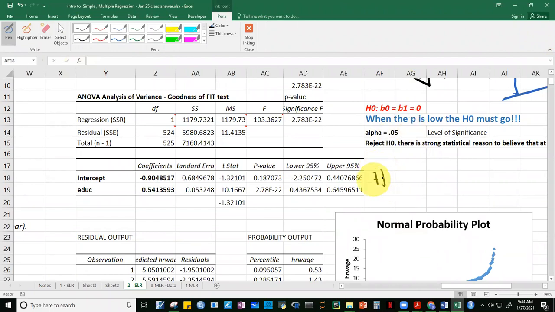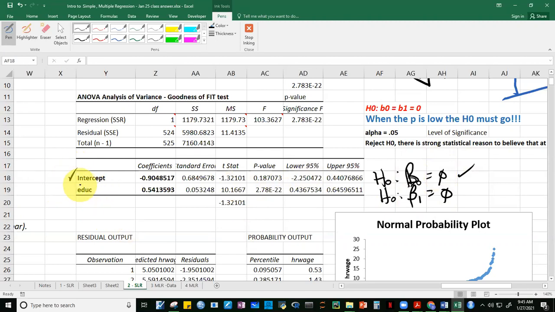Ang null hypothesis natin dito, H null is, this is your beta null is equal to 0. Dito naman, null hypothesis natin, beta 1 is equal to 0. Okay, so this is our null hypothesis for this statistical test.